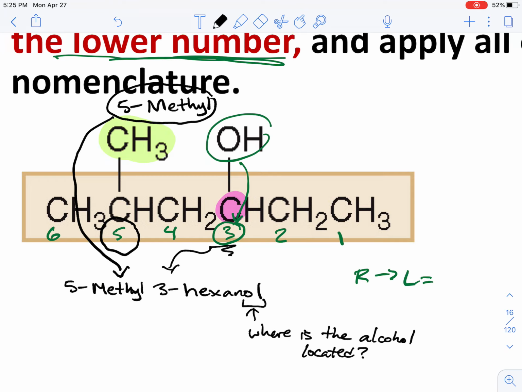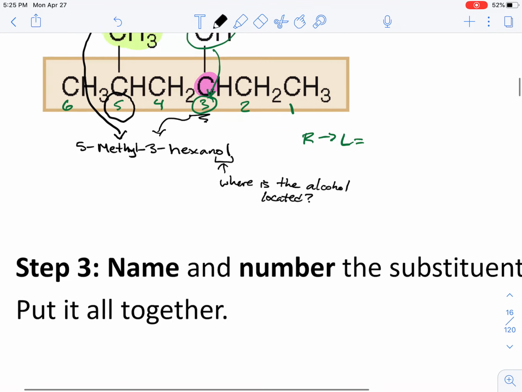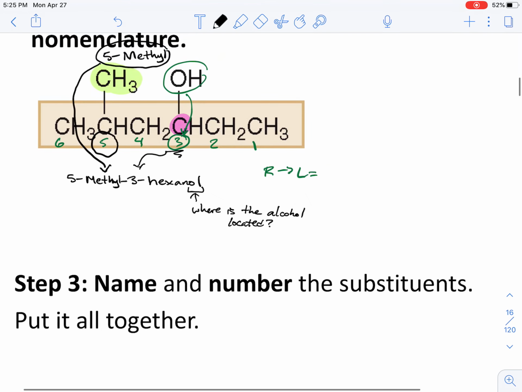And since we're going from a letter to a number, we need to put a dash to make sure that our grammar is correct. And so overall, the name of this alcohol is 5-methyl-3-hexanol. Okay. And so that was basically step 3, name and number the substituents and put it all together, which is what we did.